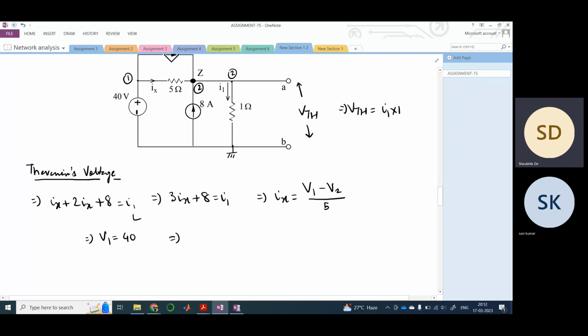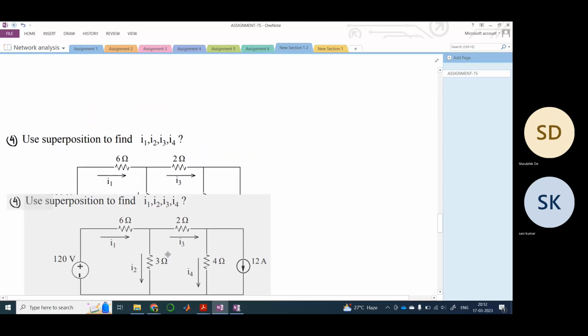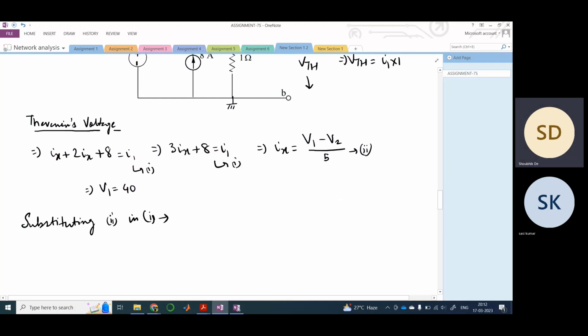If I call this equation 1 and this equation 2, so substituting 2 in 1, so this is what: 40 minus V2 by 5 plus 8 equals I1, right?